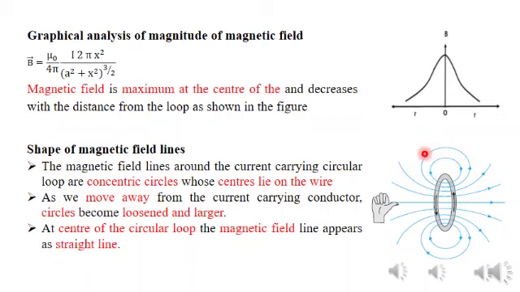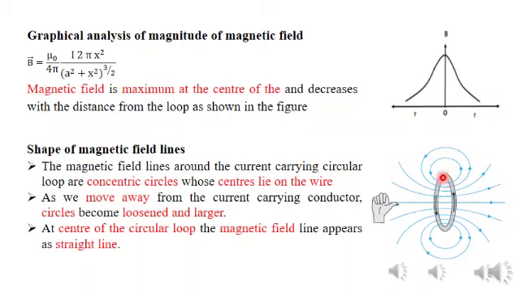So we can discuss three properties. First one is magnetic field lines around the current carrying circular loop are concentric circles whose centers lie on the wire.